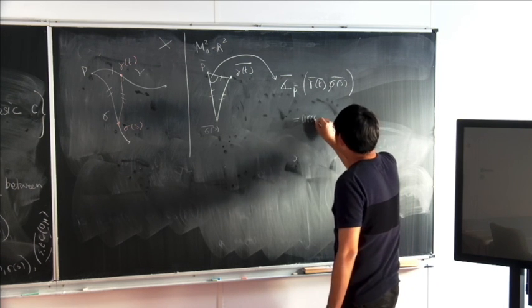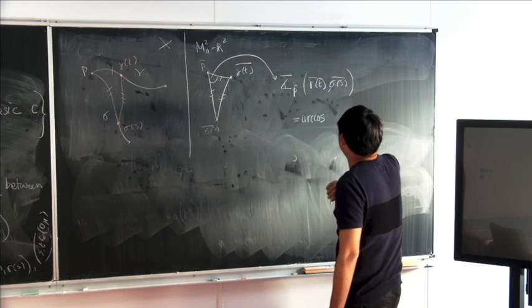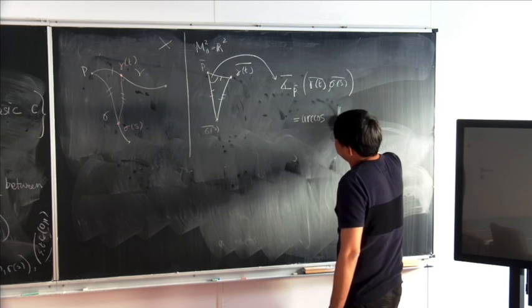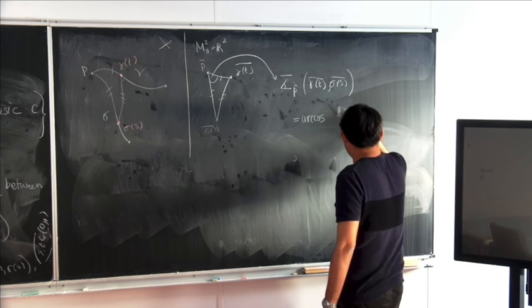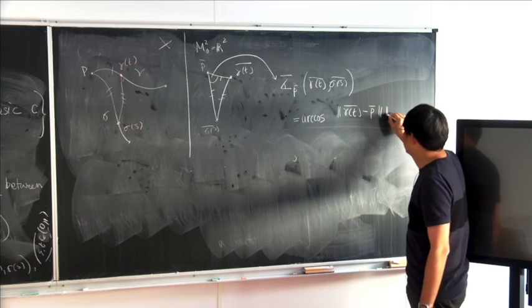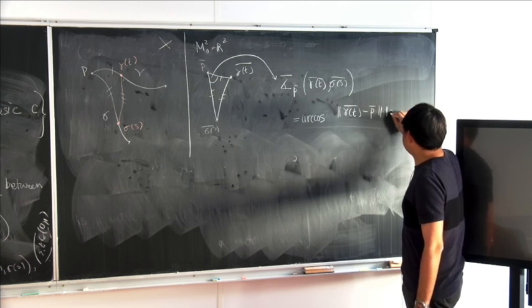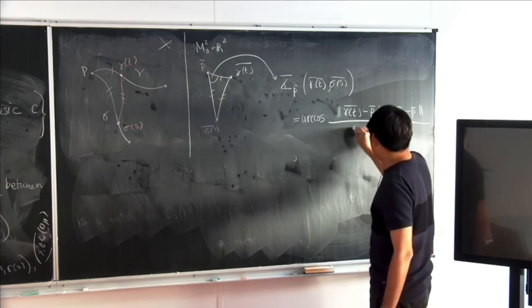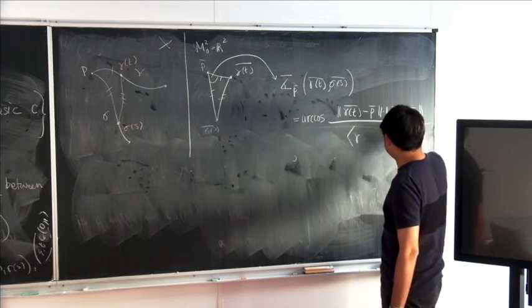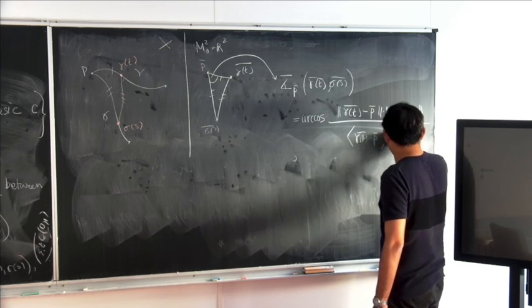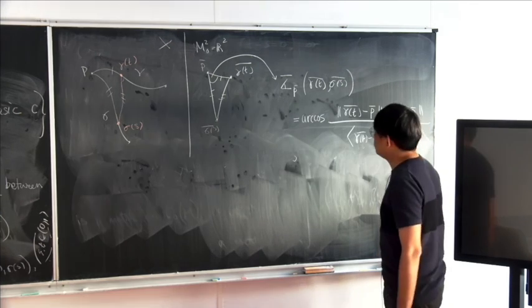This is arc cosine of the norm of gamma T bar minus P bar times the norm of sigma S bar minus P bar divided by the product between these two vectors. Okay?